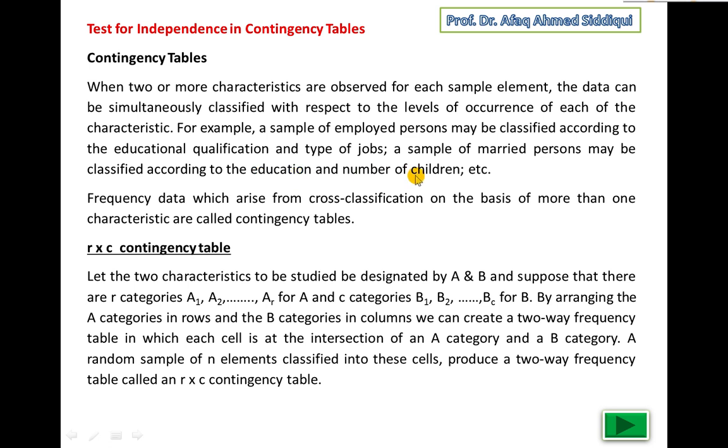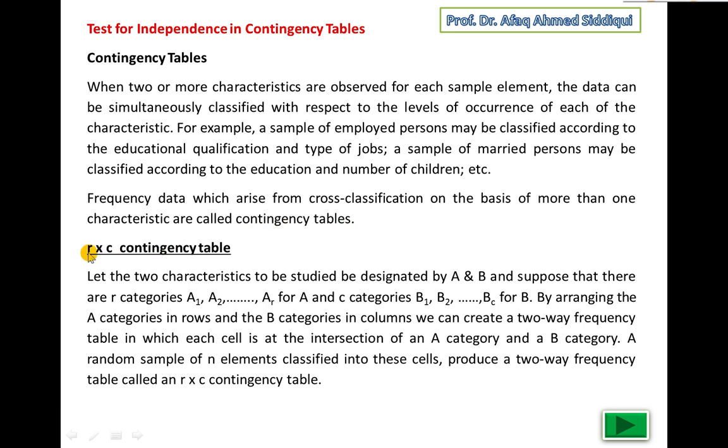So when we represent two characteristics or two criteria of classification in the form of a table with rows and columns, with the help of frequencies or observations, the table is called a contingency table. So what is a contingency table? Frequency data which arise from cross classification, cross meaning rows and columns, on the basis of more than one characteristic are called contingency tables.